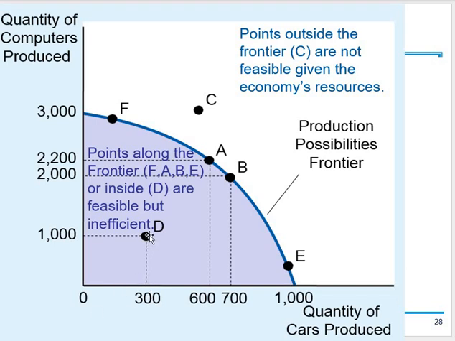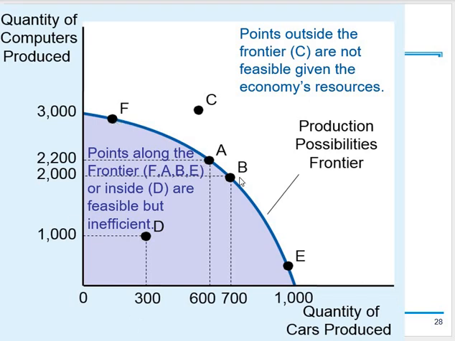And at this point D here, you are not using up all your resources, right? So this is possible, it's feasible, but not the most efficient way to utilize your resources. If you're at point D, you still have remaining resources to produce more and make more profit, so you would like to go further, right, to produce more until you reach one of the points along your PPF.